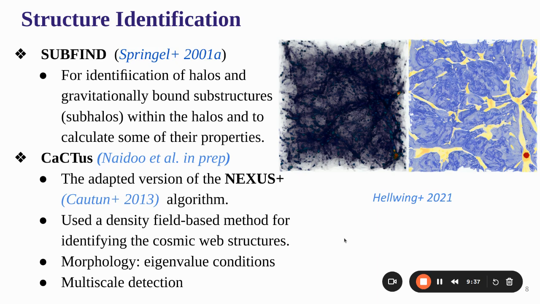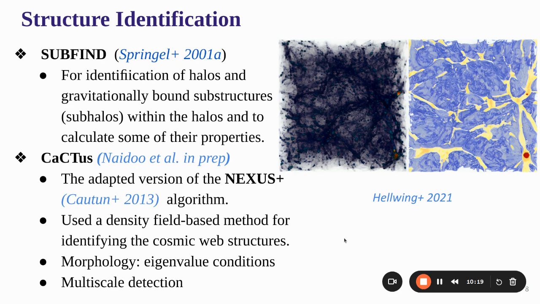For cosmic web segmentation, we used CACTUS. It's an adapted version of the NEXUS algorithm, because it can use different fields as input and gives us cosmic web environments. For this specific work, we used density fields as input, and it identifies the different cosmic web environments based on eigenvalue conditions. It calculates the Hessian matrix, and from the Hessian matrix it calculates the eigenvalues of the density field.